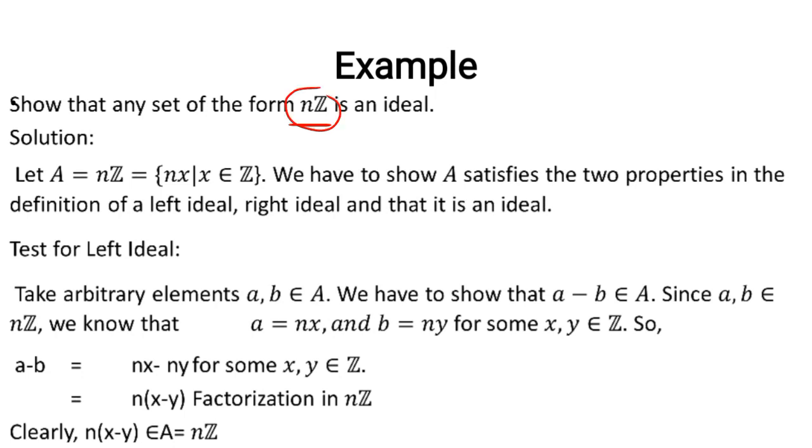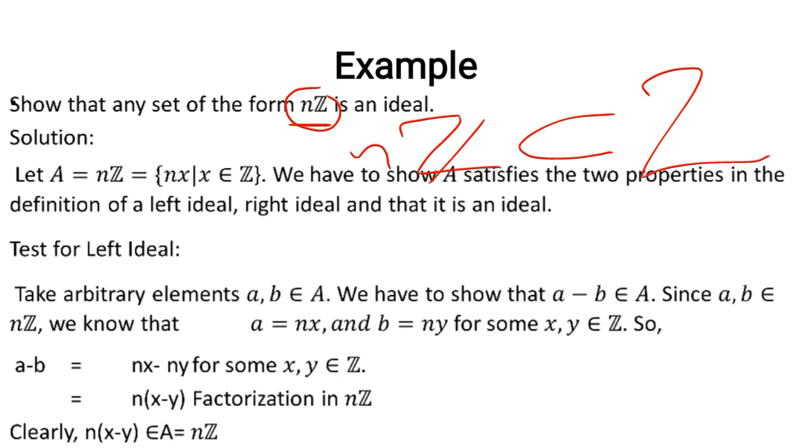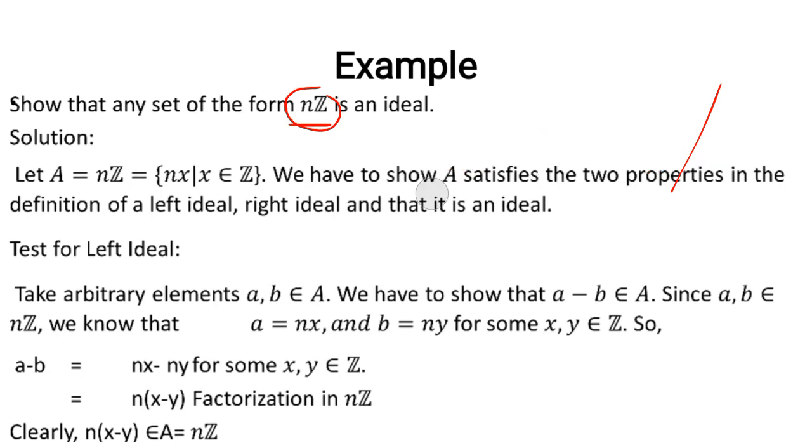Clearly this is a subset of the ring of integers. So we need to show it is a left ideal, a right ideal, and then finally find out if it is an ideal. So let's find out.